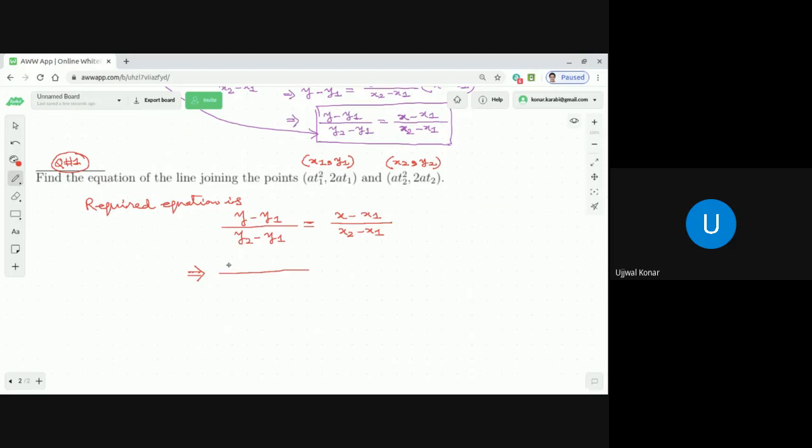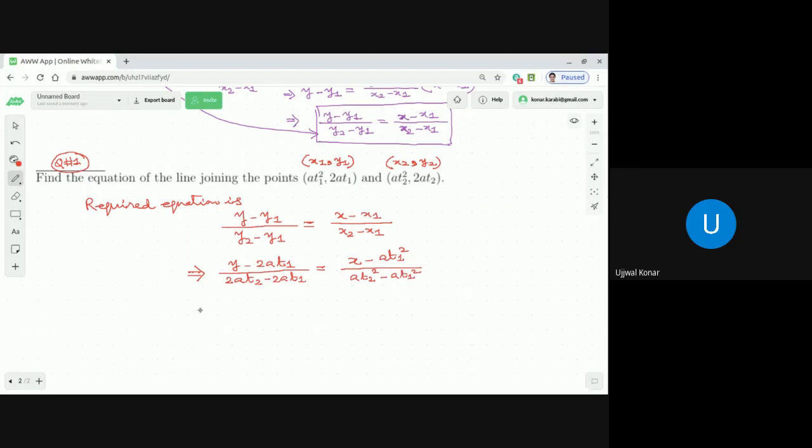So what it will be, y minus y1, what is y1? y minus 2at1 divided by y2 minus y1, that is 2at2 minus 2at1, is equal to x minus x1. x minus x1 is x minus at1 square divided by x2 minus x1, that is at2 square minus at1 square.